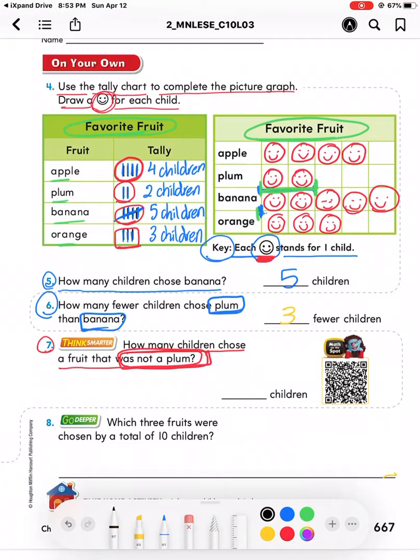It's like if we don't have this fruit, we will exclude it. Okay, so let's count together. 1, 2, 3, 4, 5, 6, 7, 8, 9, 10, 11, 12. So the answer is 12 children.